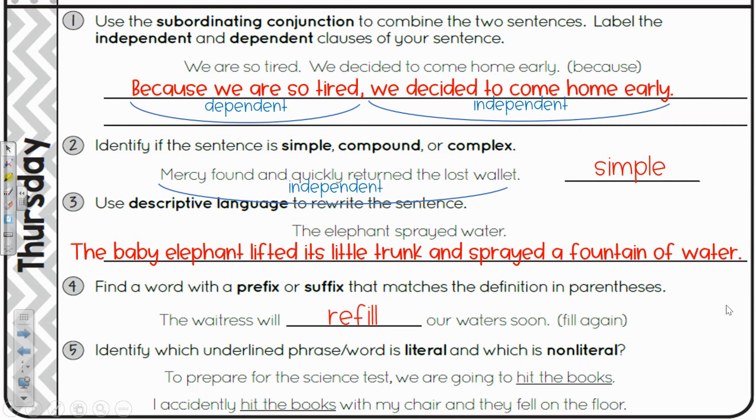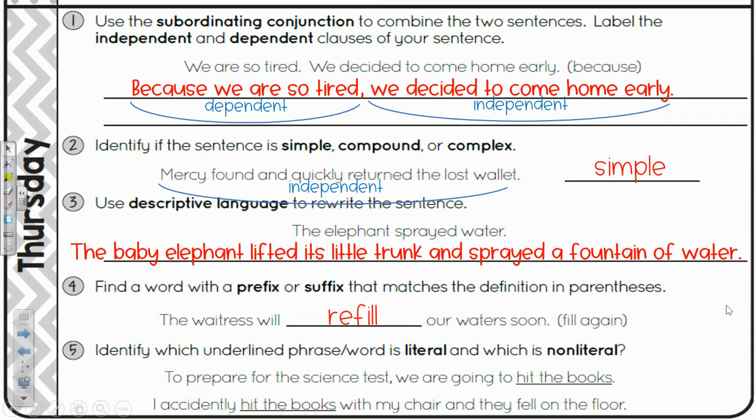Lastly, number 5 is reviewing something Mrs. Graper talked about with you last week, literal and non-literal phrases. So the top sentence there says, to prepare for the science test, we are going to hit the books. Well, are you actually going to hit the books?